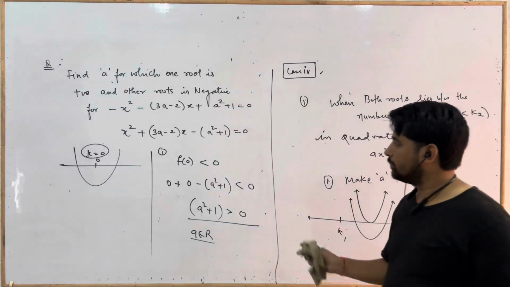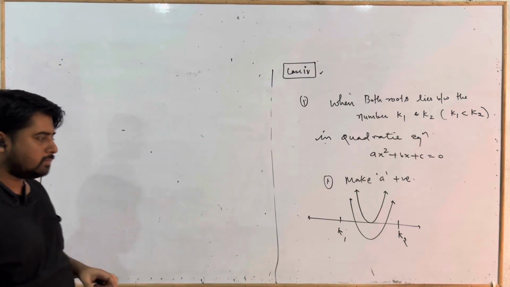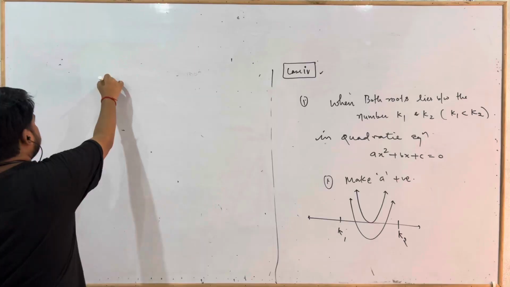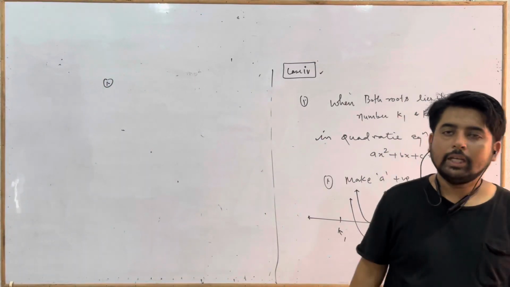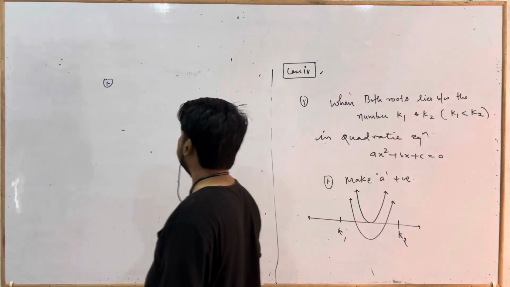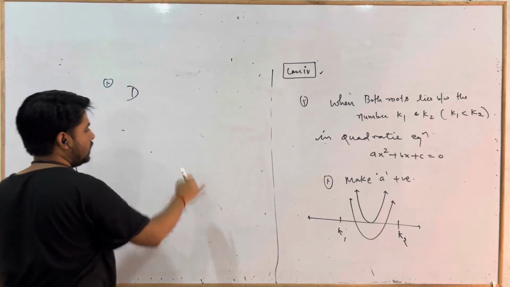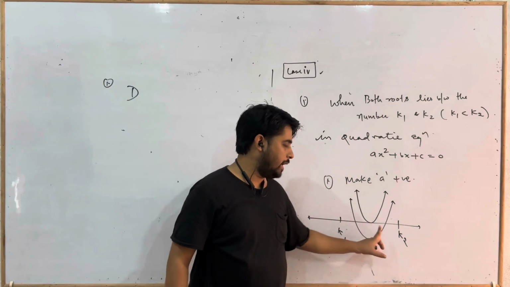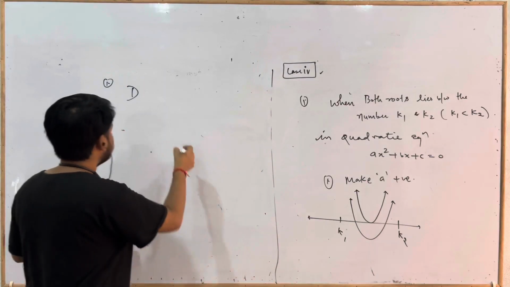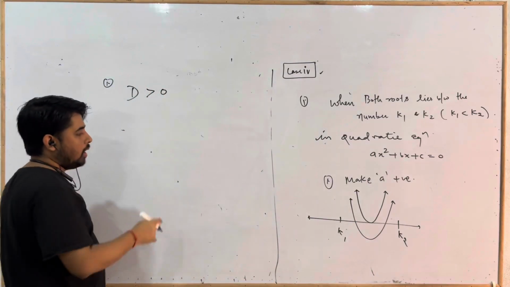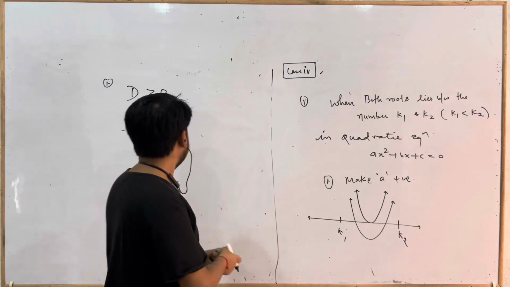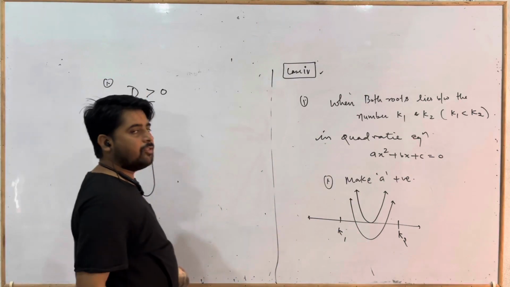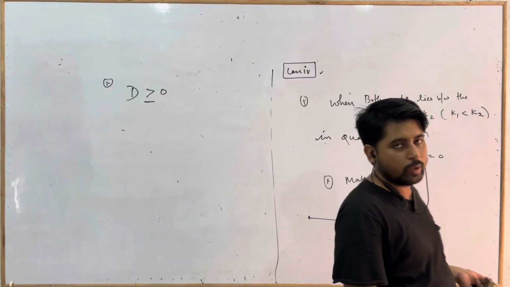Look at it. The very first thing is the discriminant. Look at the graph: in one case you are getting real and distinct roots, that means D is greater than 0. In another case you are getting D equal to 0. So D can be greater than 0 or equal to 0.